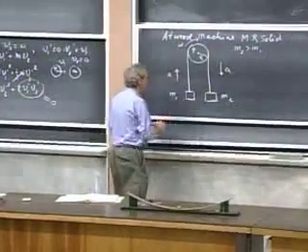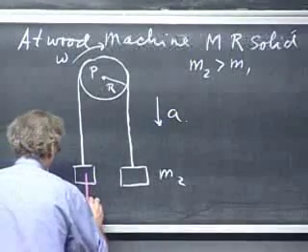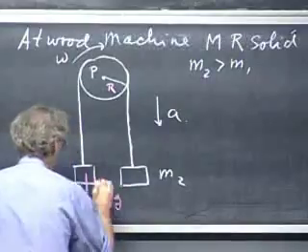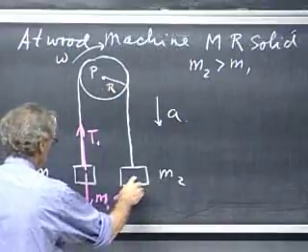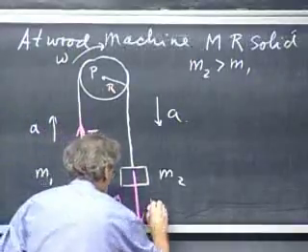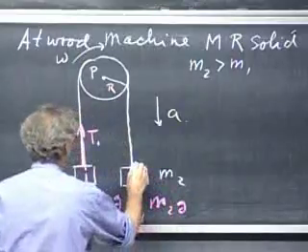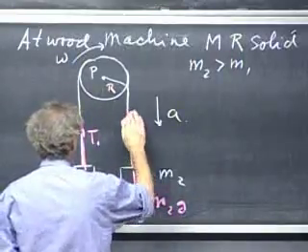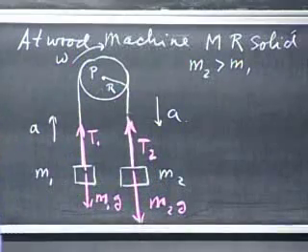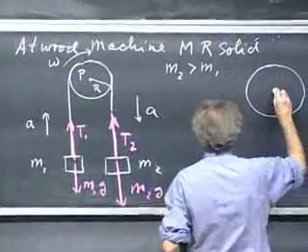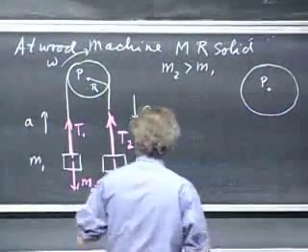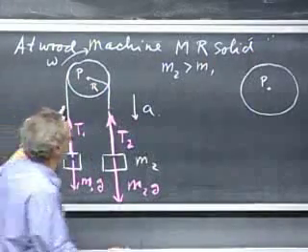And now, the first thing we want to do is to make up free body diagrams. Free body diagrams for this one is easy. M1G down and T1 up. For this one, we have M2G down and we have T2 up. For the pulley, it's a little bit more complicated. This is that point P. If here's a tension T1, it's pulling down on the pulley.